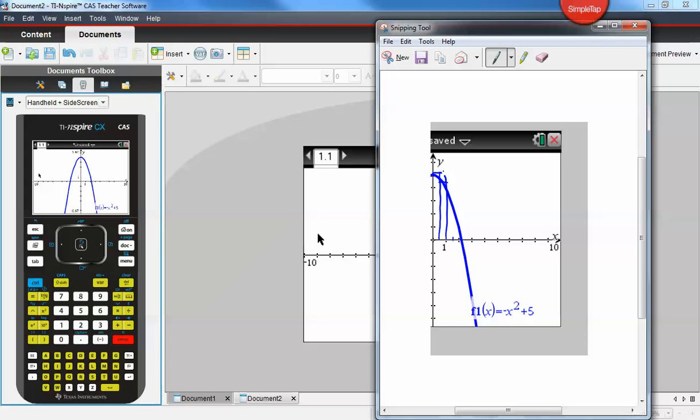Ooh, that one went up a little too far. Then you see I still have wasted space here on the outside, but it's not as much.